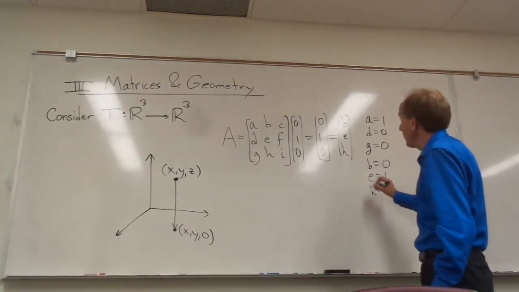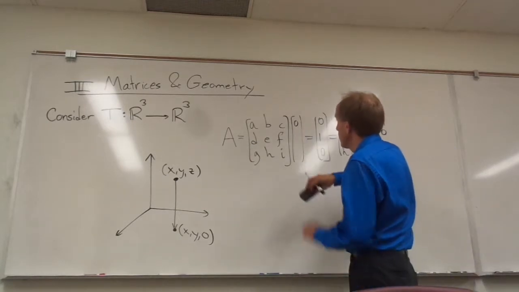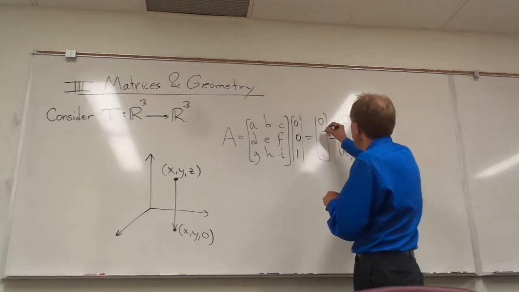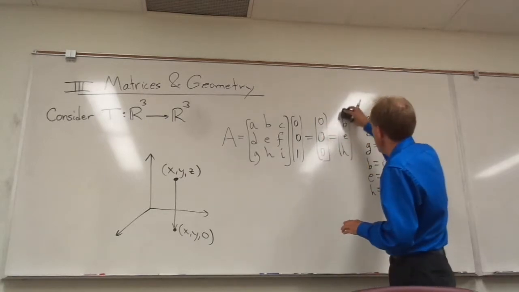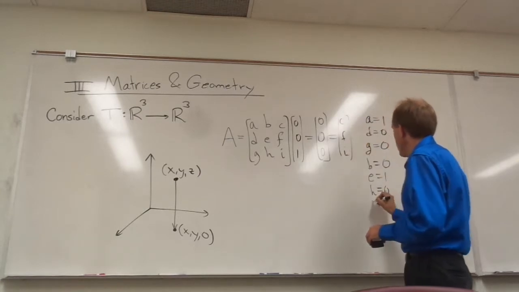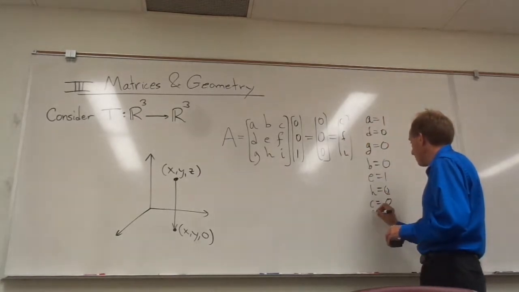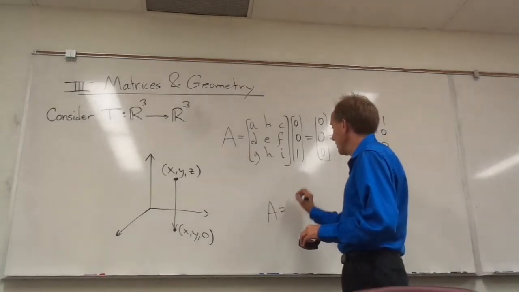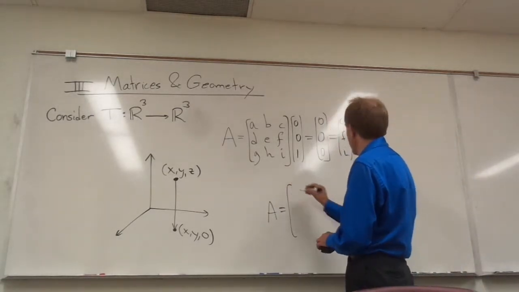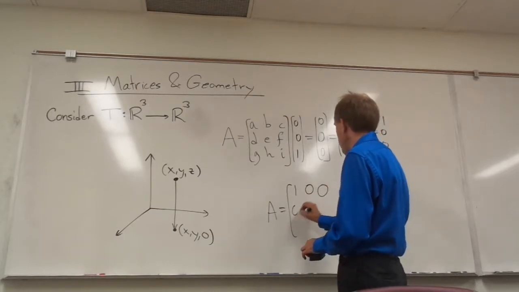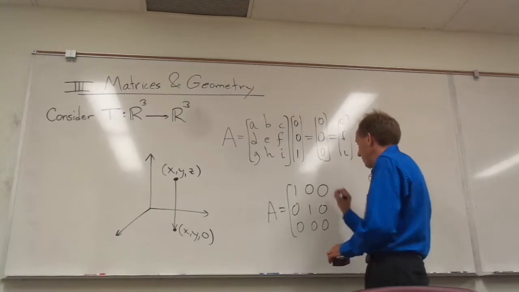Now finally, if you plug in 0, 0, 1, so you put a 1 for the z value, then you're going to get 0, 0, 0 out of this, and here you're going to get C, F, and I, all of which have to now be 0. C is 0, F is 0, and I is 0. So your matrix is the matrix 1, 0, 0, with the only ones being the A and the E. So there's your transformation.